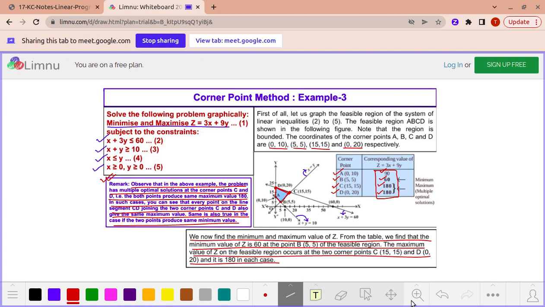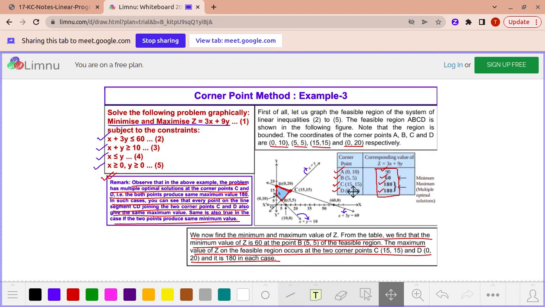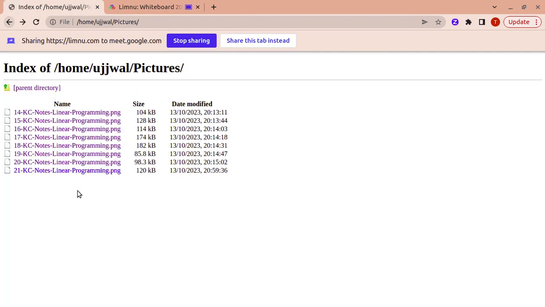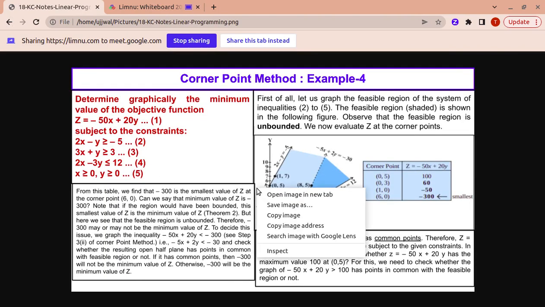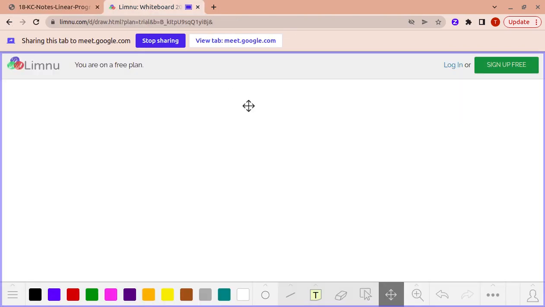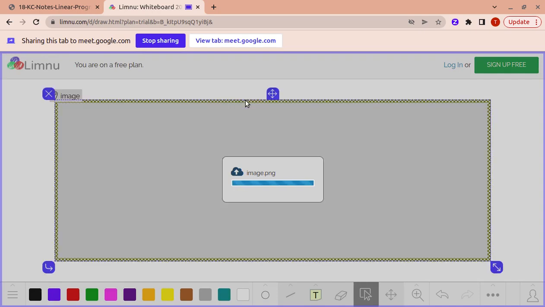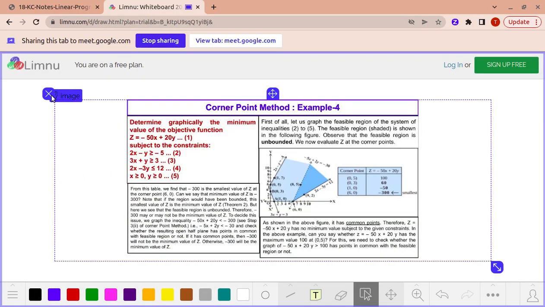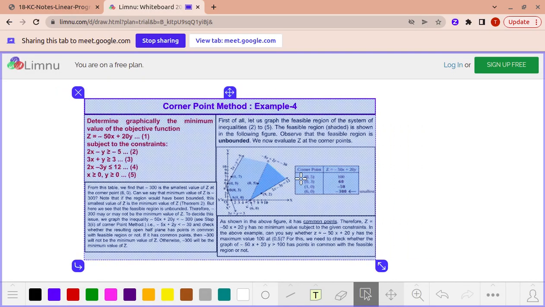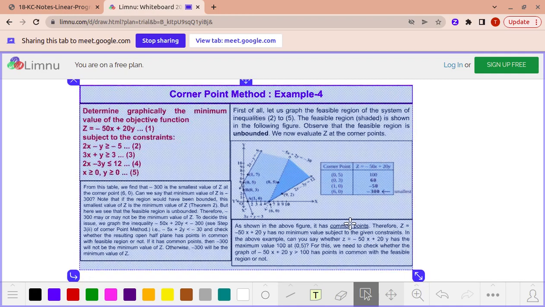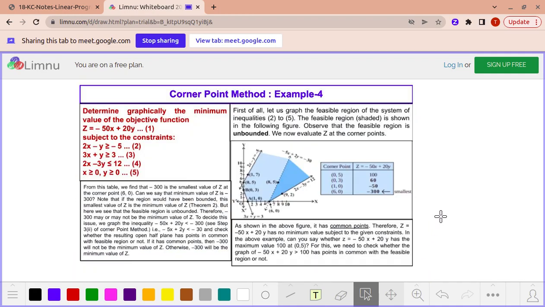Now let me proceed to the next example, that is example number 4. Okay, dear students, so let me bring the example 4. So now what do we need to find?